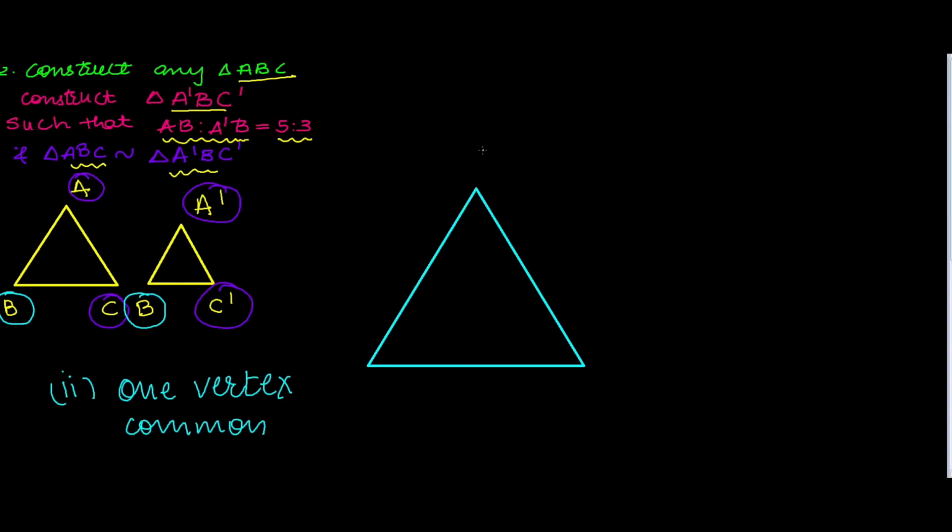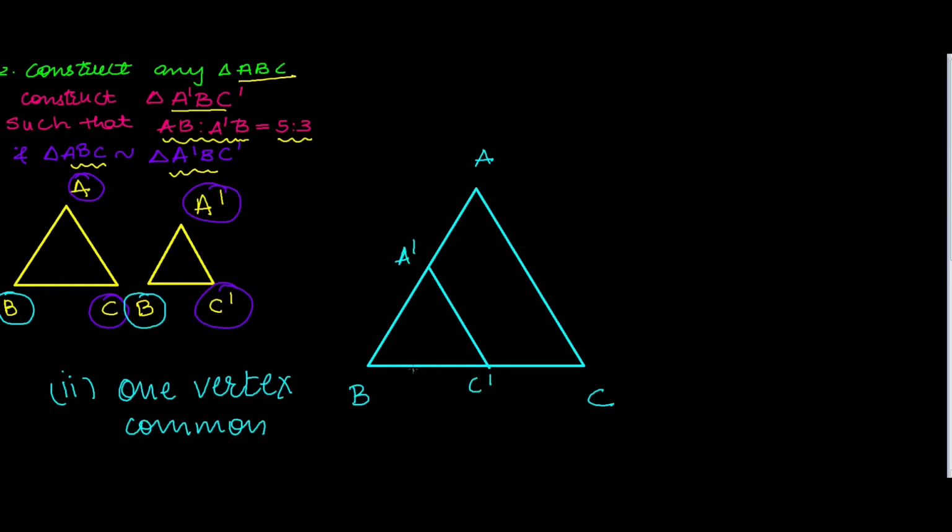Okay, so this is our triangle ABC, and triangle A dash B C dash will be somewhat like this inside triangle ABC. So this will be our rough figure. This will be A dash and this will be C dash.